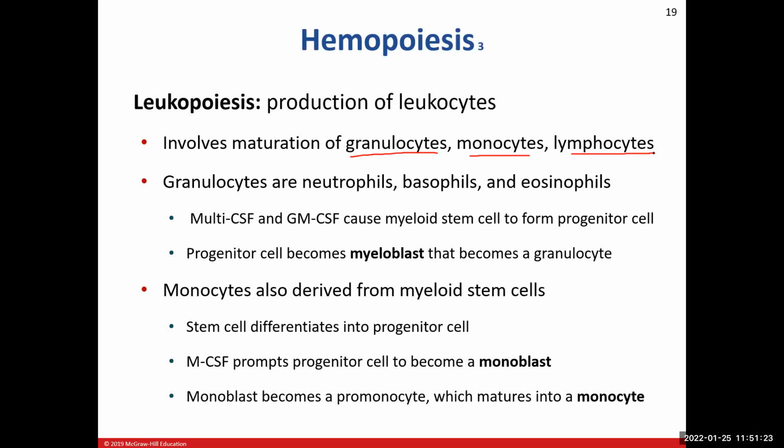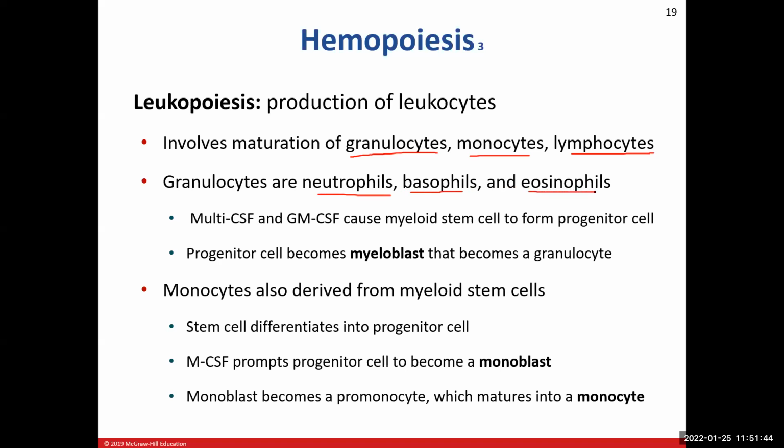When we talk about the first two, the granulocytes and the monocytes, they come from the myeloid stem cell line. We call them granulocytes because there are granules inside of the cell. We have neutrophils, basophils, and eosinophils.